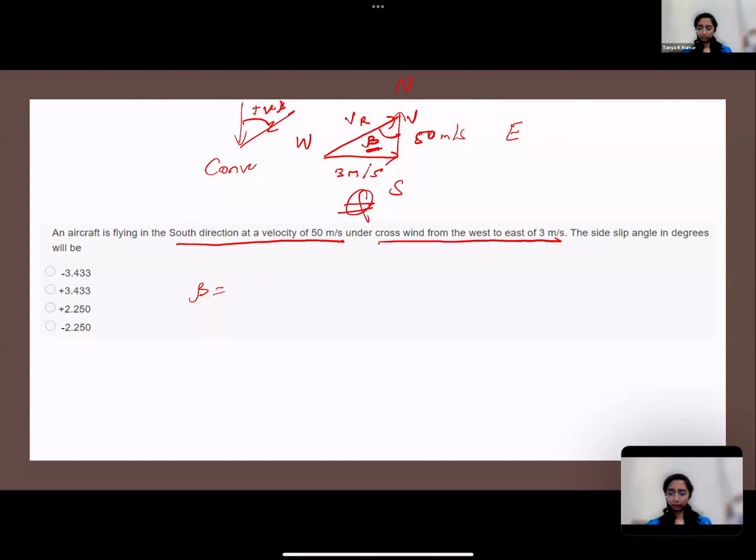Can you find out beta? It will be tan inverse. What upon what? I'll give you a minute to try and do this.